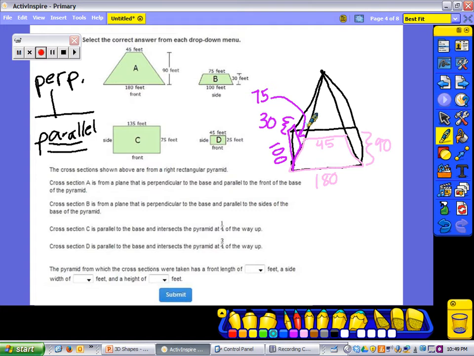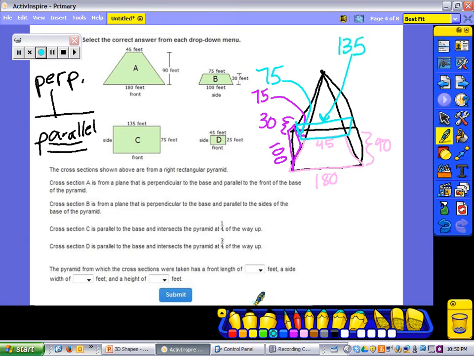Okay, so we've got C looking kind of like this, even though that line looks crooked there. It's actually got the same dimension as the purple that I've already drawn there. It's also 75 feet, and the back side back here is 135.